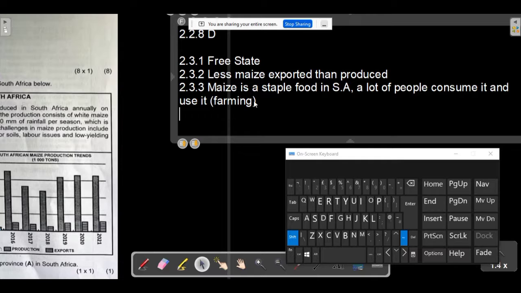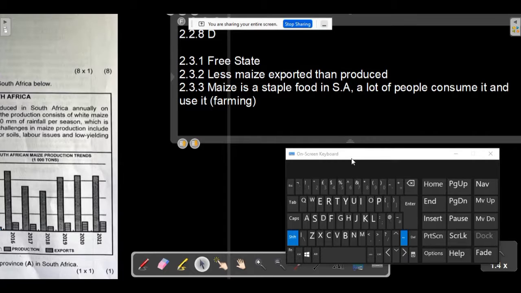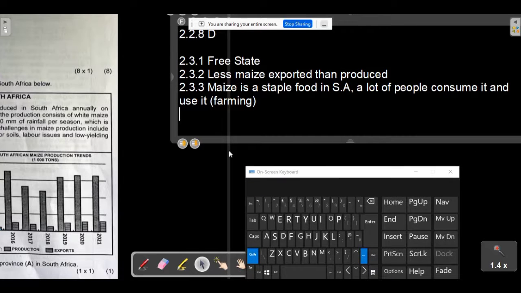You can say farming and tradition. It should be 2 points, right?